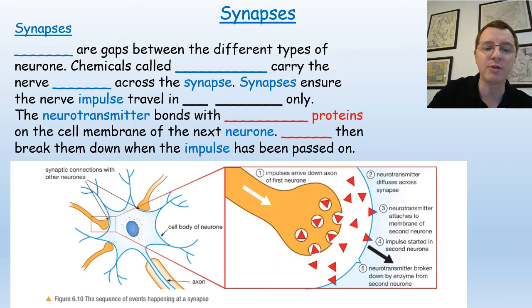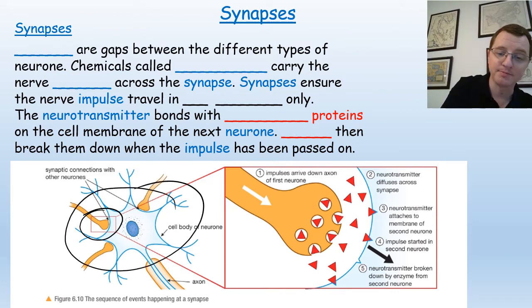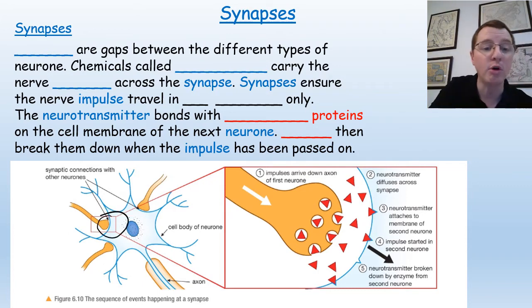So what about the synapses then? What about when two neurons come together? Well, they come together, but they don't actually touch. So if here we look at the end of one particular relay neuron reaching the cell body of a motor neuron, well, what would happen if we look at that particular section? Well, if you can see carefully, they don't touch.